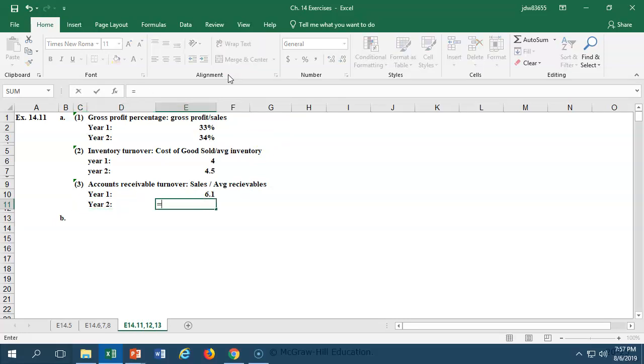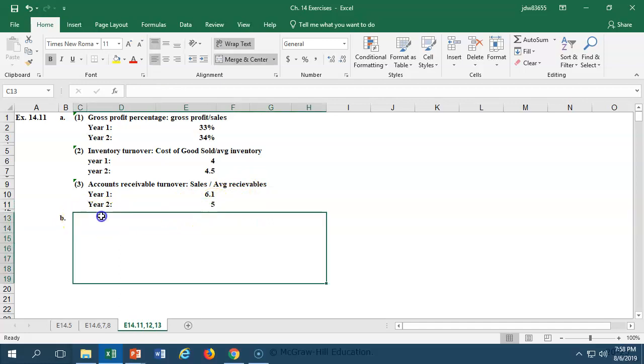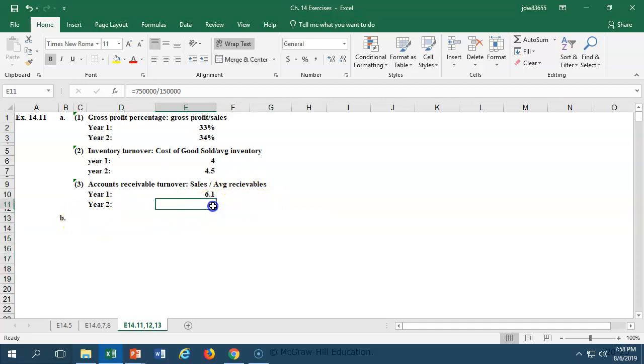Year two, 750,000 sales divided by 150,000 average receivables. Yeah, that is the next question. I said, which one's better? Is that what B is asking us for? Let's see. Comment on favorable and unfavorable trends.